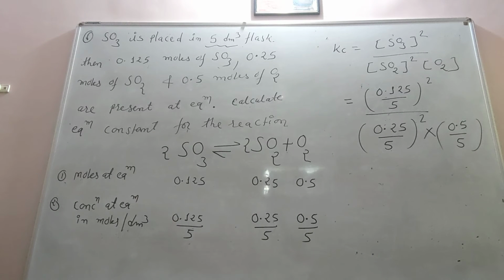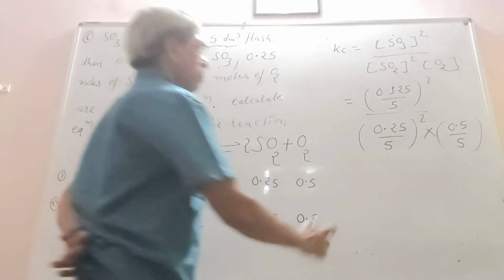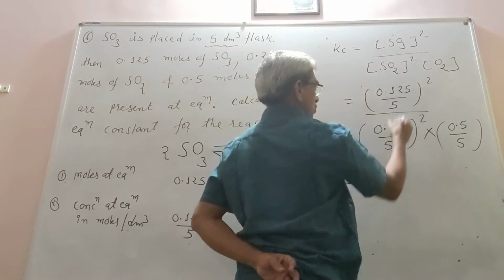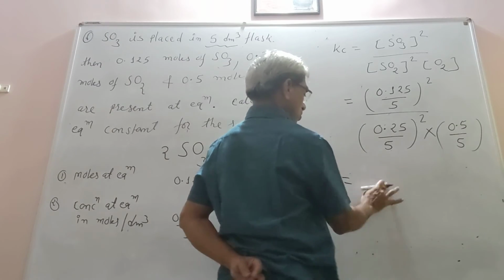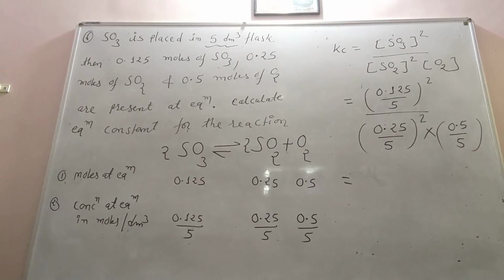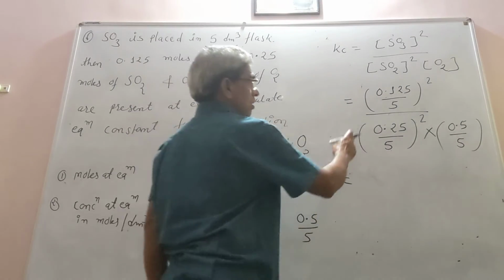After simplification, if we divide moles per dm cube, then it becomes a ratio. 0.25 SO2, then square of this.